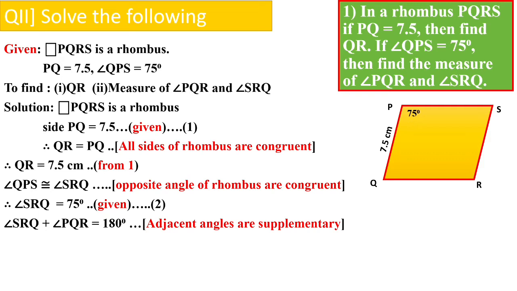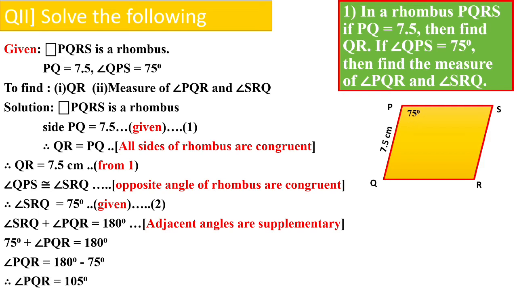So angle SRQ plus angle PQR equals 180 degree. Adjacent angles are supplementary. Substitute the value of angle SRQ, 75 degree, from second. Now 75 will go to the right side, become minus. Now 180 minus 75 is how much? 105. Therefore measure of angle PQR is 105 degree.